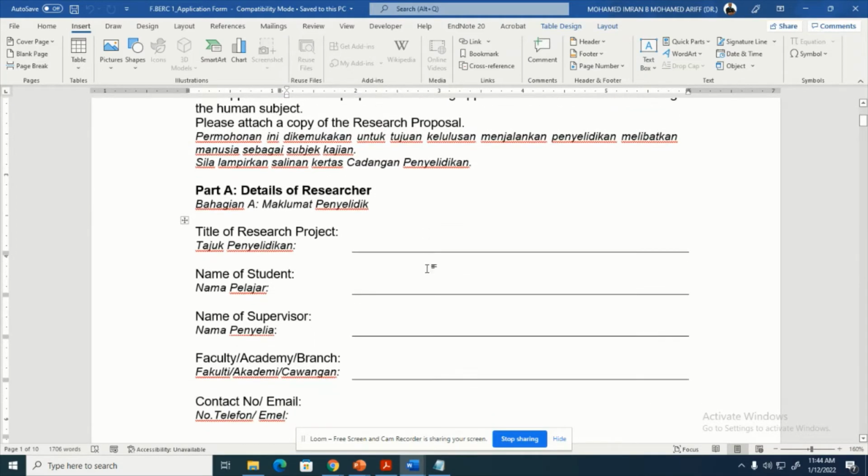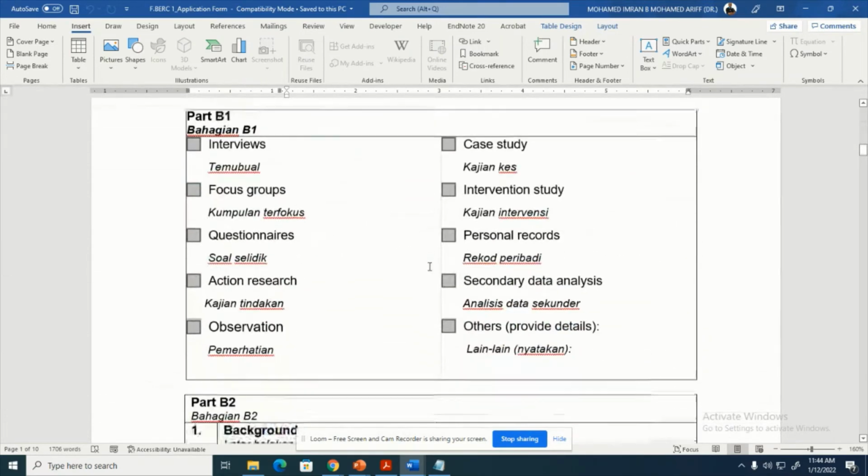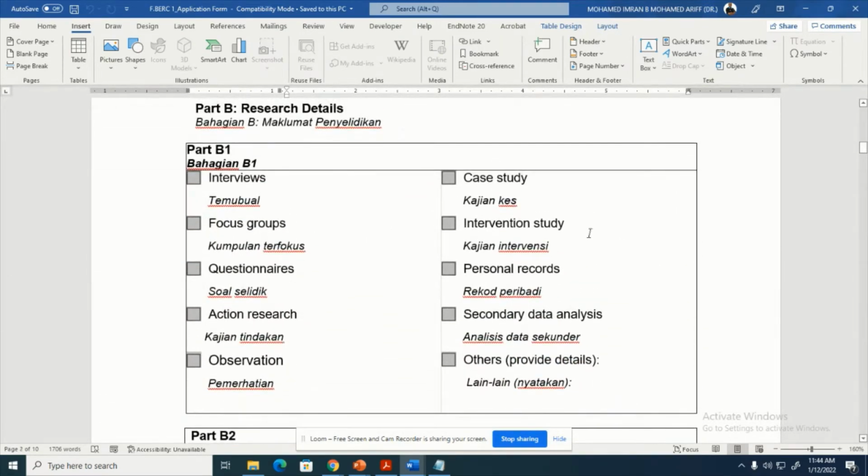All right, the title is quite straightforward. Then the supervisor's name, and what the student is trying to do in this research: action, observation. It could be observation because he wants to see how well the system is being utilized by any human, so it goes under observation.